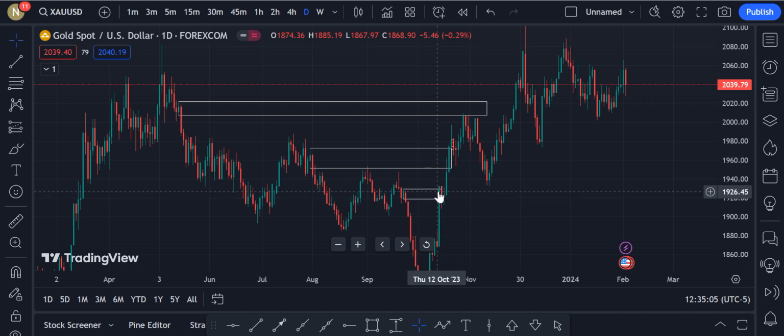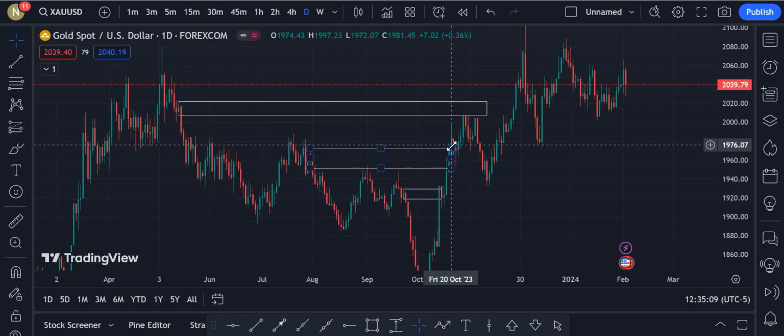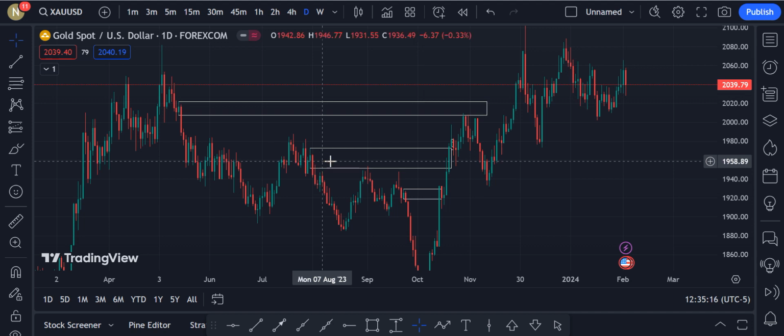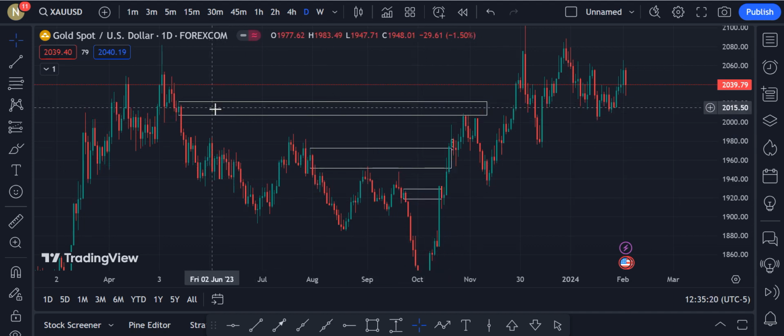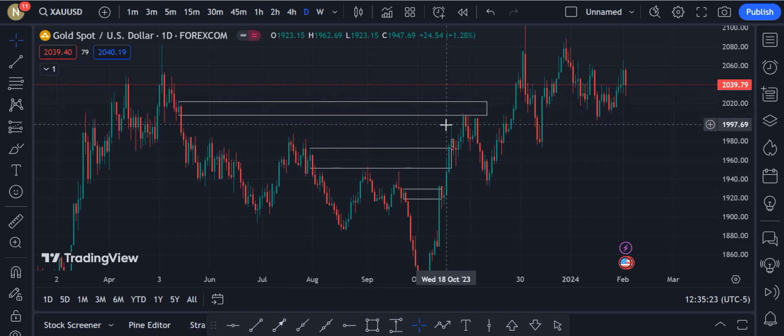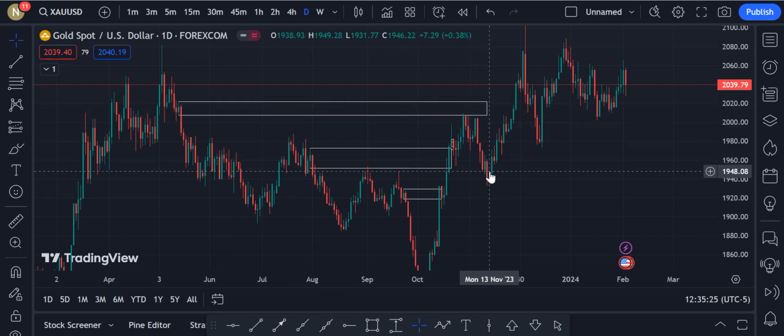It just deceived you by making a slight drop, then continued upwards. Do you see this order block here at the same time? It just penetrated through it, and there is a valid order block right here, which confirmed with it, and it dropped.